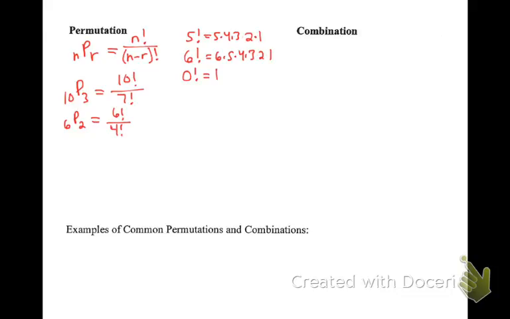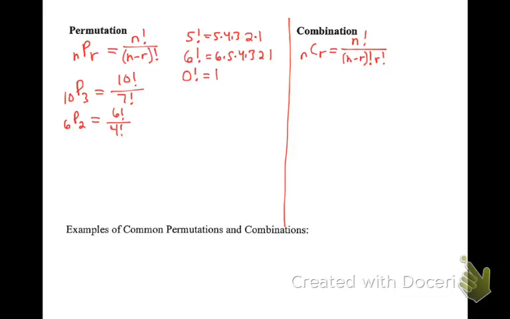Okay, and the formula for a combination is going to be nCr, and it's very similar to the permutation, except there's one thing that's added into it. So we still have n factorial over n minus r factorial, but we're going to add an r factorial in the denominator. Okay.